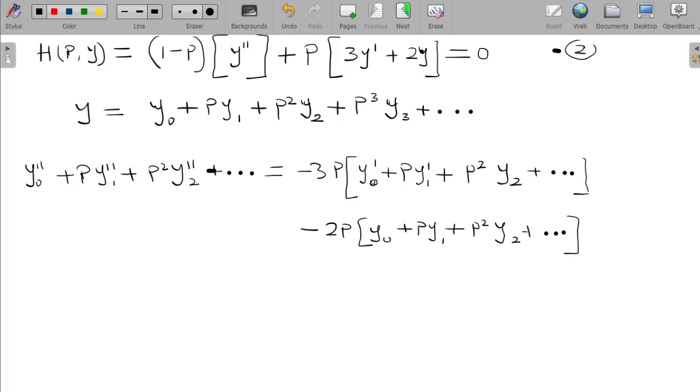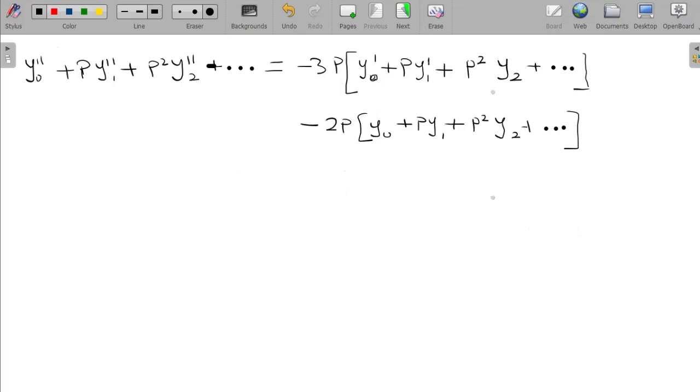So we want to open the brackets with p, so that we have y0'' + p y1'' + p^2 y2'' equal to minus 3.